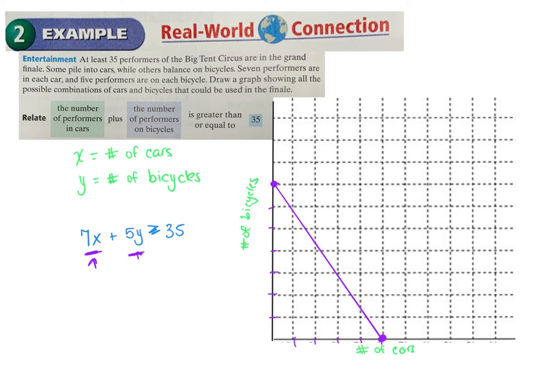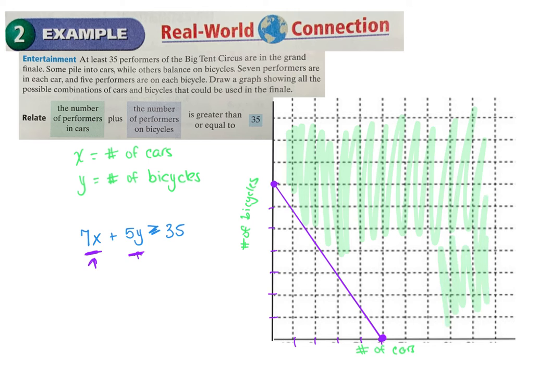Above, because my Y here is greater than, and I do not have a negative in front of my Y. If there was a negative in front of your Y, it would be below it, because when you divide that negative over, it would flip it. Because I don't have one in front of my Y, I can just shade above it. Now, logistically, this would not go on forever, right?